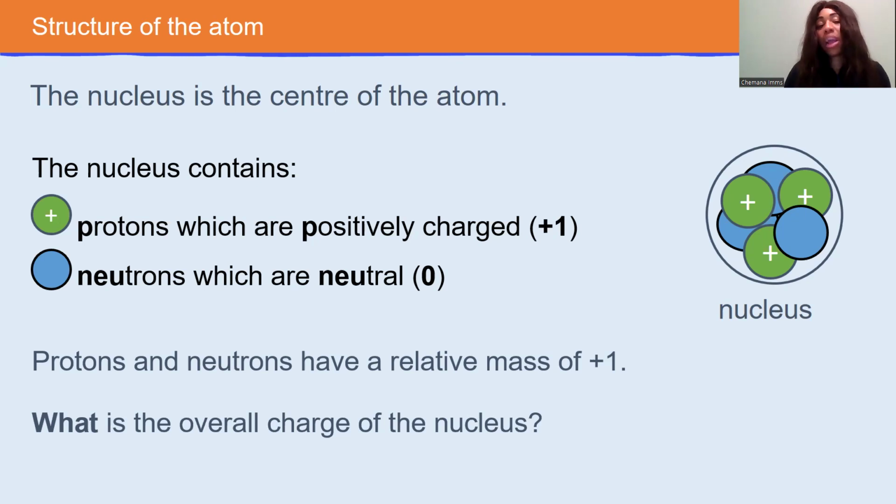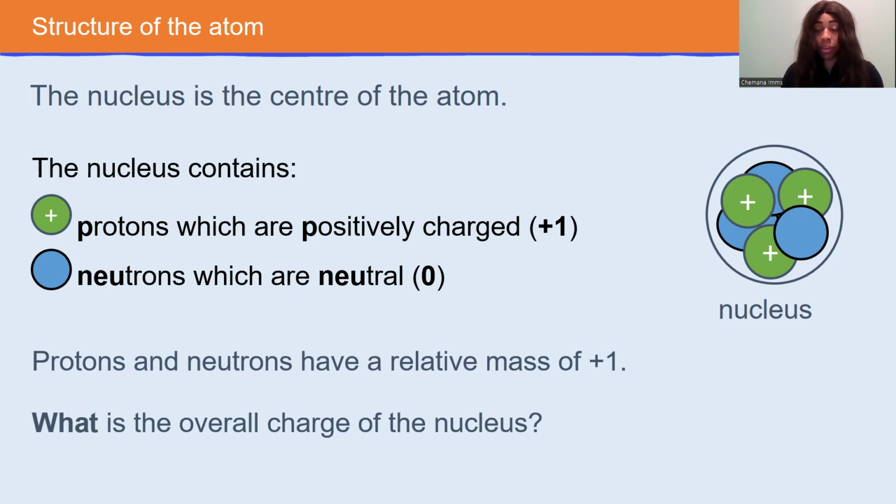So the question that I am now asking you is what is the overall charge of the nucleus? So having a think about it. The nucleus contains protons and neutrons. The protons have a +1 charge and the neutrons have a neutral charge of 0. So what would be the overall charge? Well, how would we work that out?